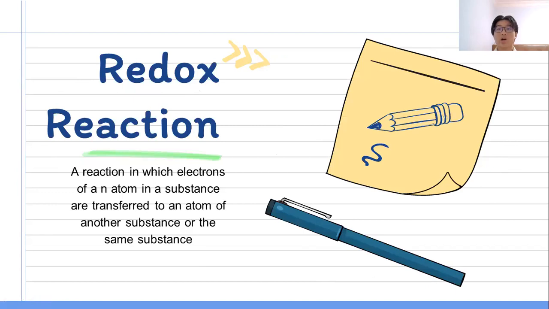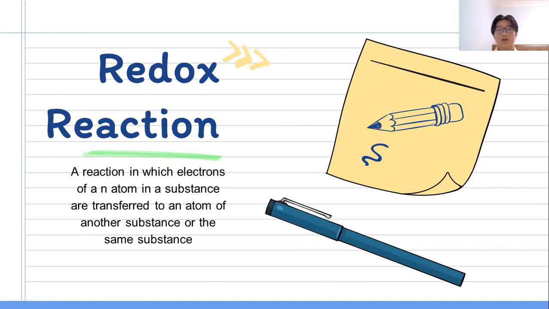Now, after we learned the oxidation state and the oxidation number, we can move on to the chemical reaction, which is called the redox reaction, right? So first, what is a redox reaction? A redox reaction is a reaction in which electrons of an atom in a substance are transferred to an atom of another substance or the same substance.